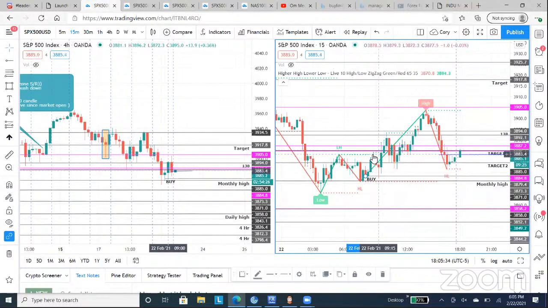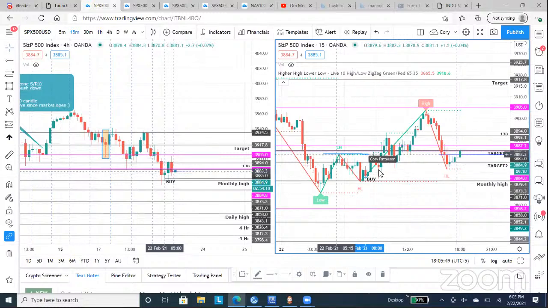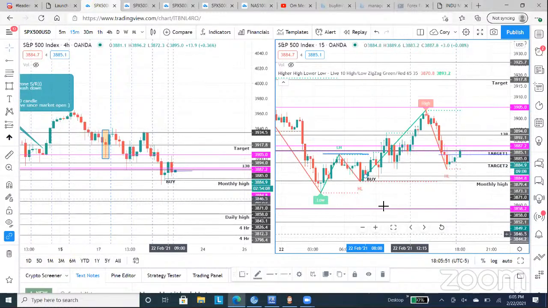Okay, but remember what I told you? Let me show you. This is a short-term lower high right here. It got taken out on this part right here.